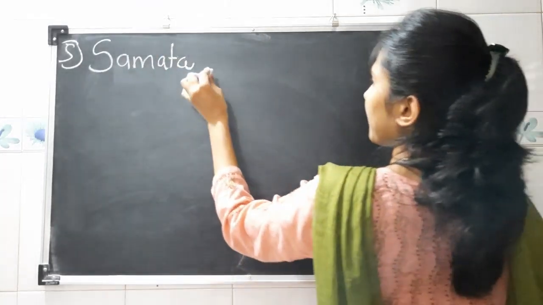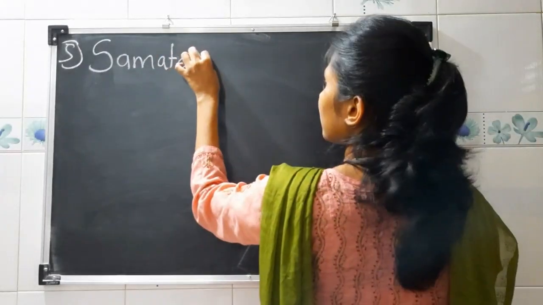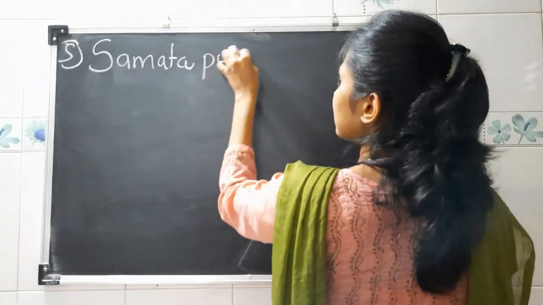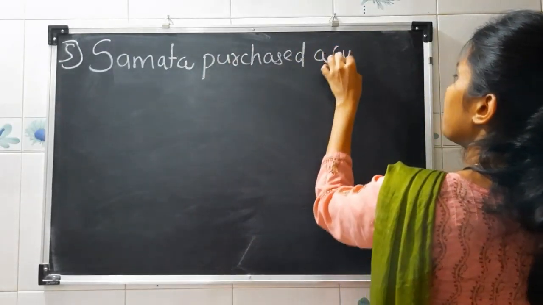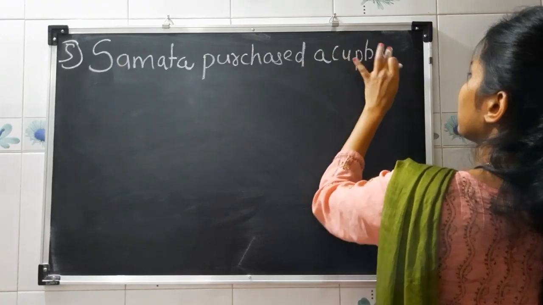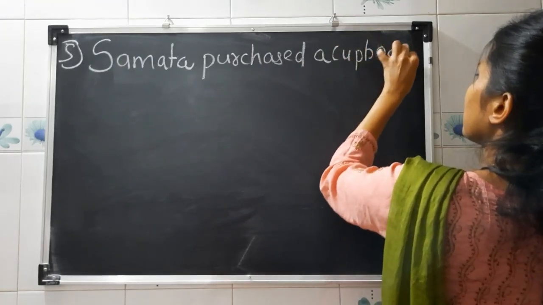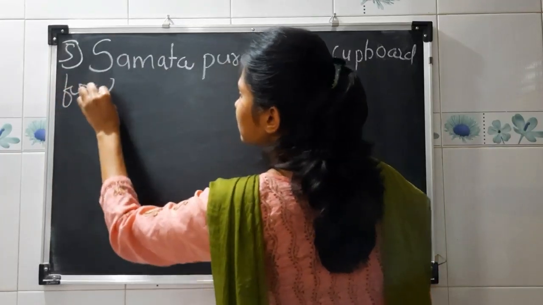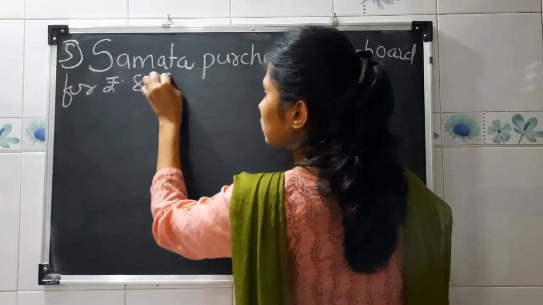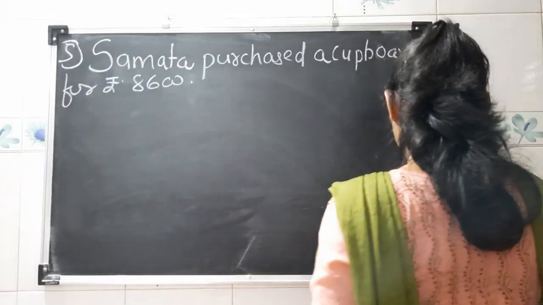Samata purchased a cupboard for rupees 8,600.